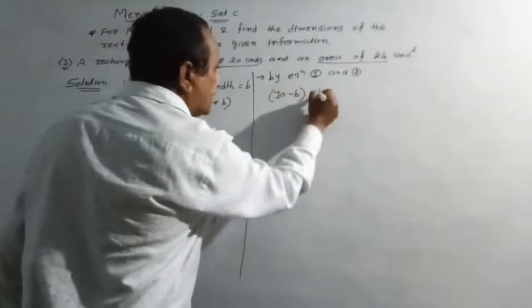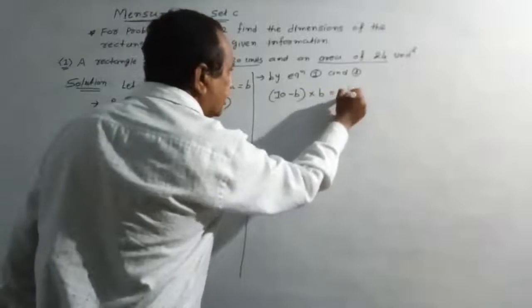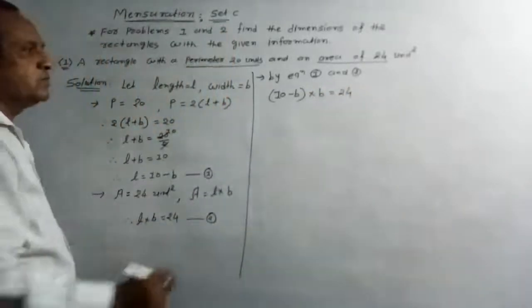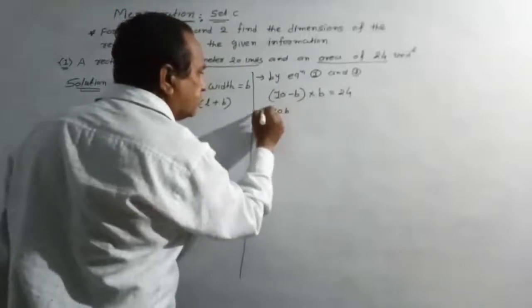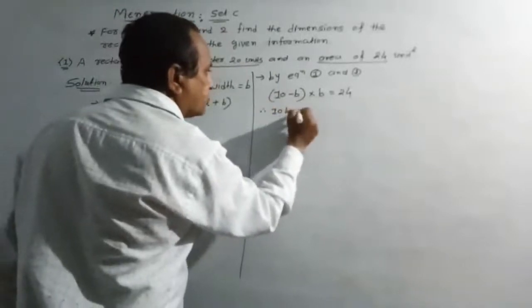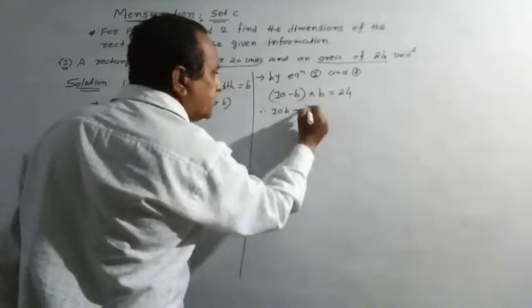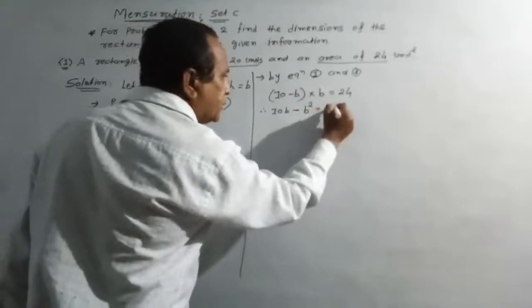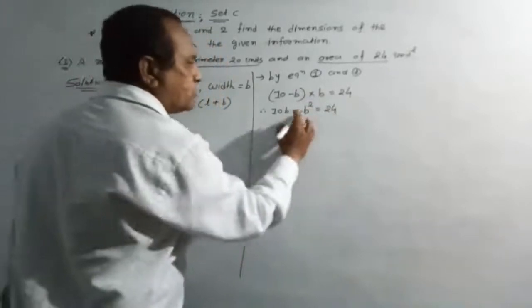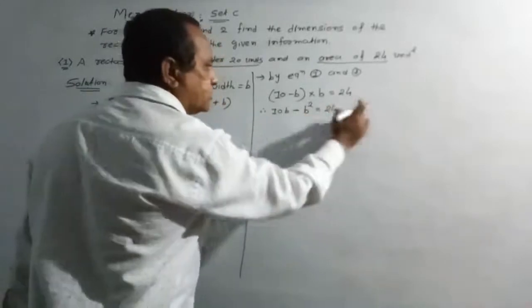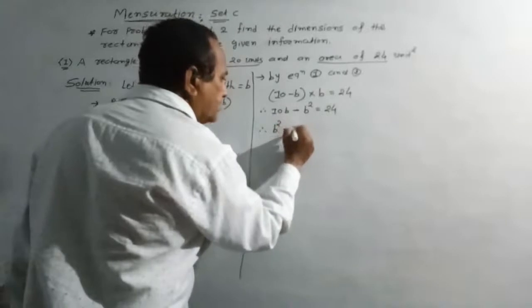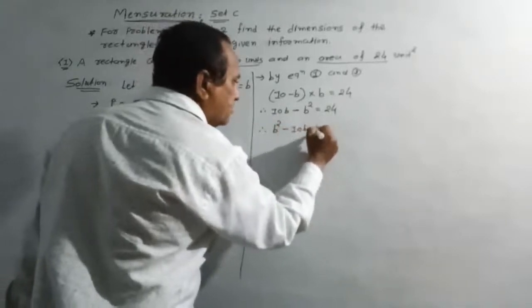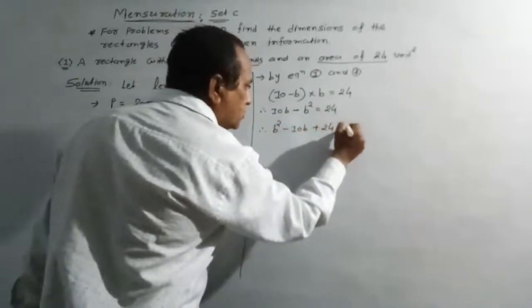So (10 minus B) multiplied by B is equal to 24. So B multiplied by 10 is 10B, minus B multiplied by B, B square, is equal to 24. Now moving B square to the other side as plus and 10B as minus, B square minus 10B plus 24 is equal to 0.